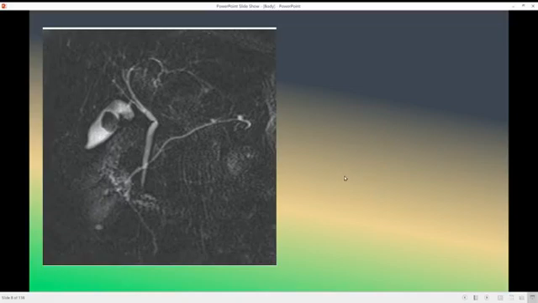What do you think about the next case? Gallbladder stone, gallstone, pancreatic.